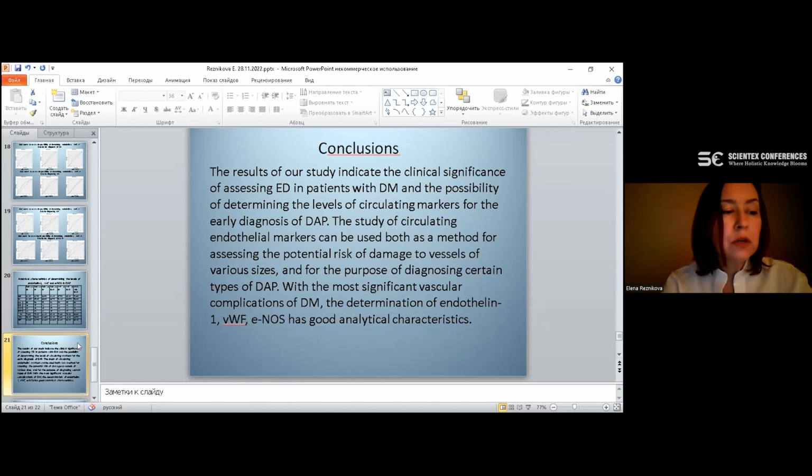The study of circulating endothelial markers can be used both as a method of assessing the potential risk of vessel damage of various sizes and for the purpose of diagnosing certain types of diabetic angiopathy. With the most significant vascular complications of diabetes mellitus, the determination of endothelin-1, von Willebrand factor, and NO synthase has good analytic characteristics.